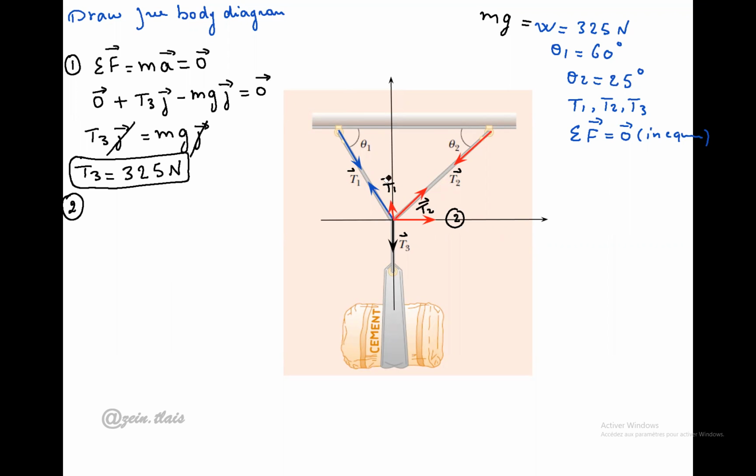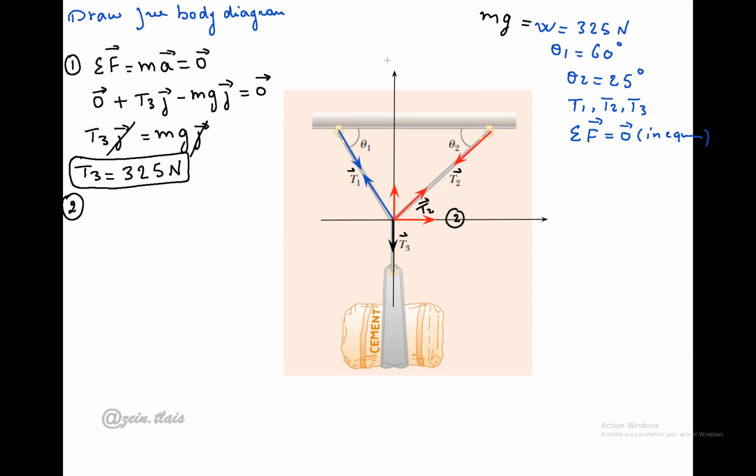Let me clean this one, like this. Okay, T2, like this.